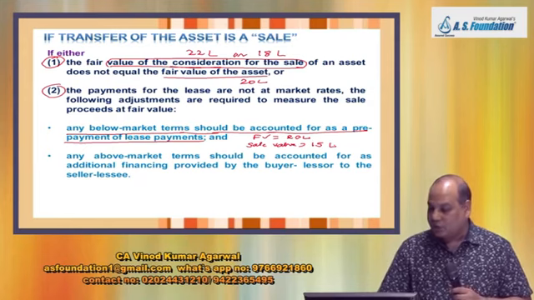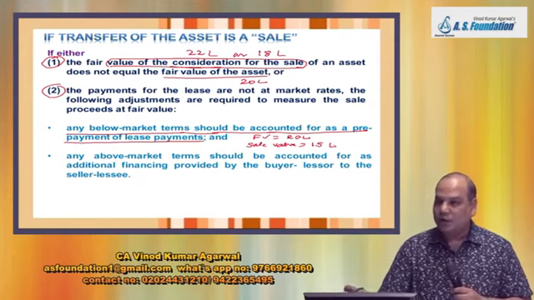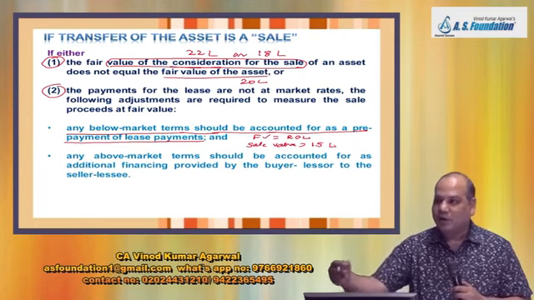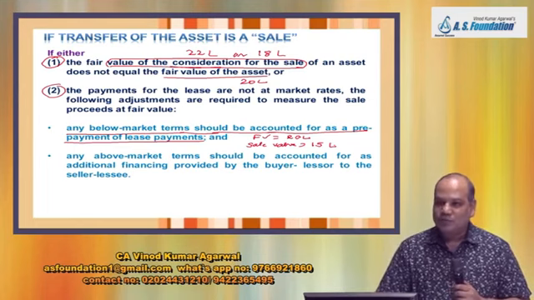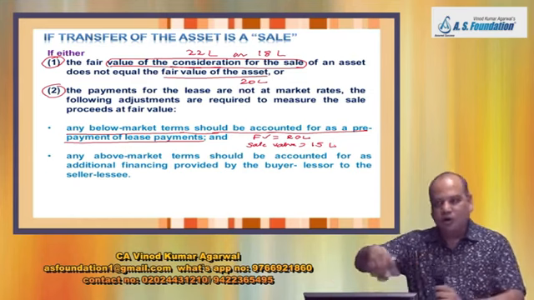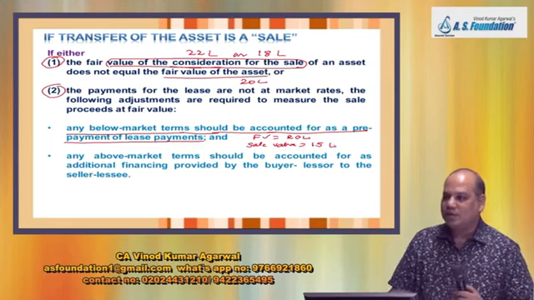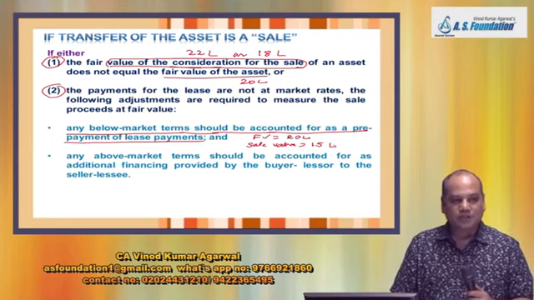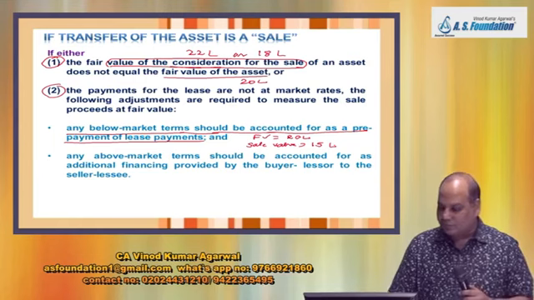So you treat as if this 5 lakh rupees is nothing but lease payment made in advance. I give you a discount of 5 lakh. You give me a discount of 5 lakh in the lease rental. So that is treated as if this 5 lakh is a prepaid lease rental.